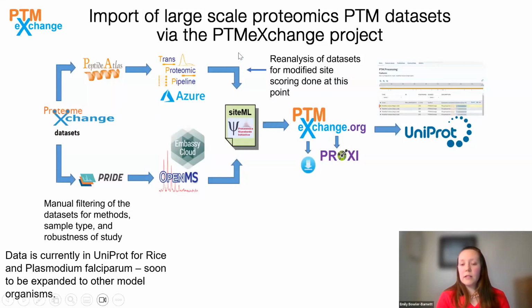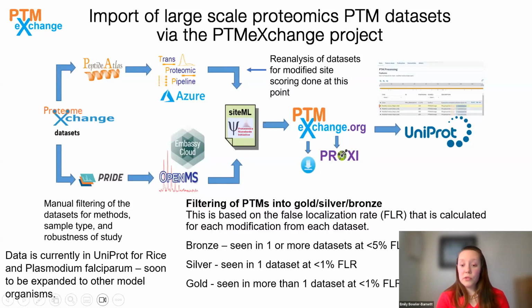And what that means is each PTM that is mapped by this proteomics analysis has a confidence score, and we've done that according to gold, silver, and bronze categories. The confidence score is based on the false localization rate of the data. It's calculated at a modification level within each data set. So if you've got a modification that's below a 5% FLR and it's seen in one or more data sets, it will be given a bronze classification.